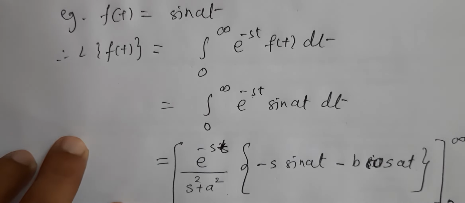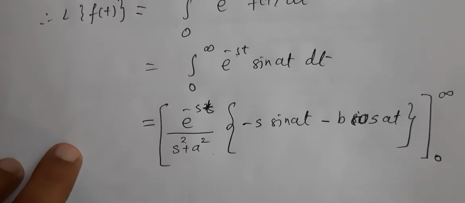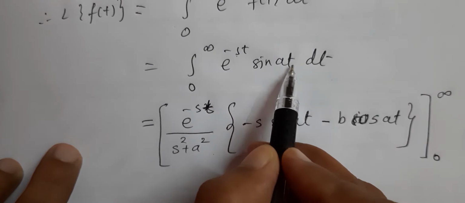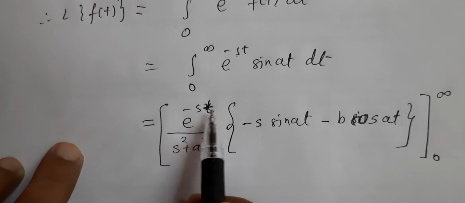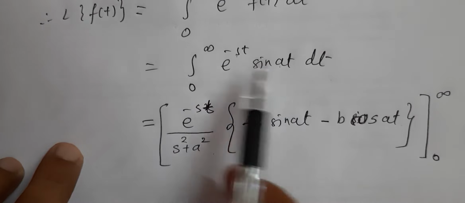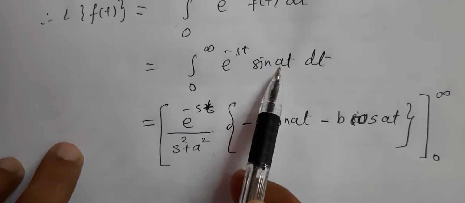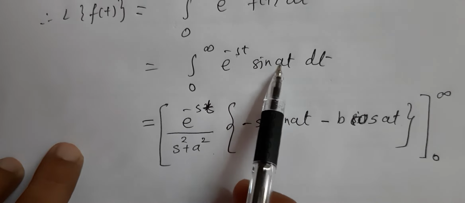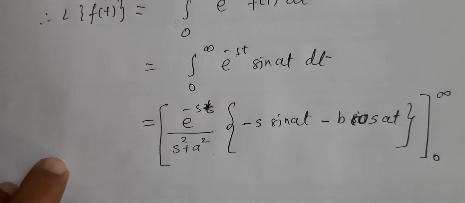If you want, I am telling you the formula once again. The integration of e raised to ax sin(bx + c) is e raised to ax upon a² + b² into a sin(bx + c) minus b cos(bx + c).